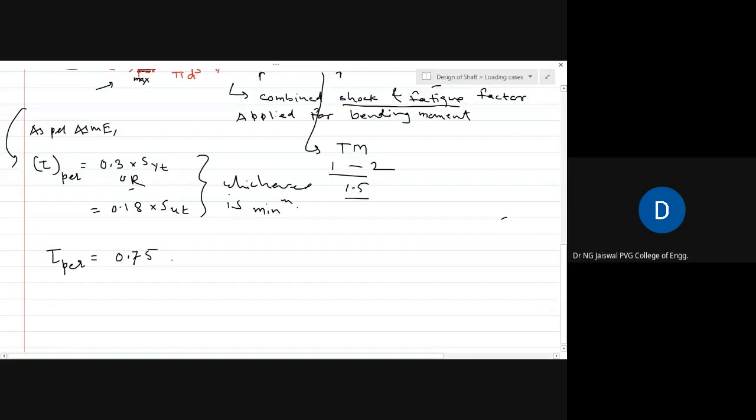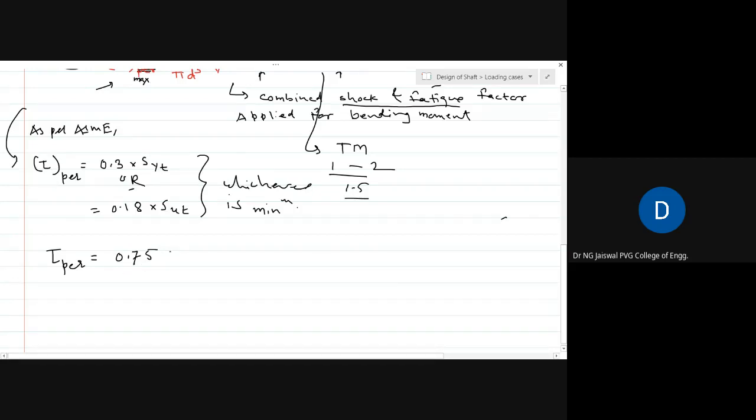It means the strength reduces to 75%. By and large, you can see keyways are present almost in all components whenever you have assembly. Therefore, to take into account that reduction in strength, tau permissible is equal to 75% now.